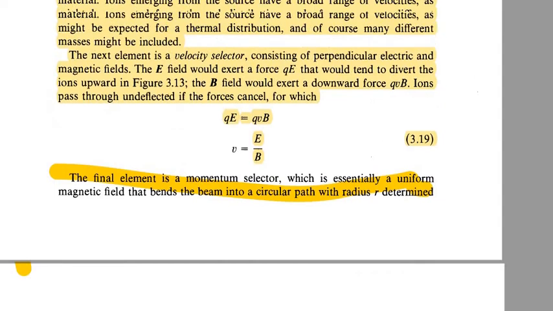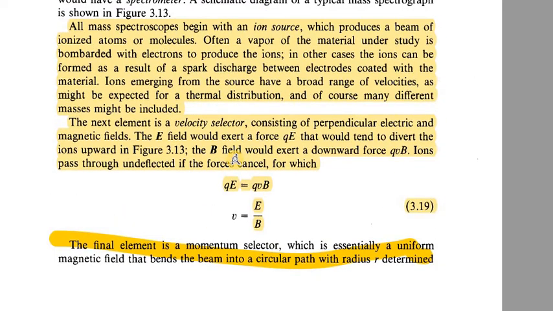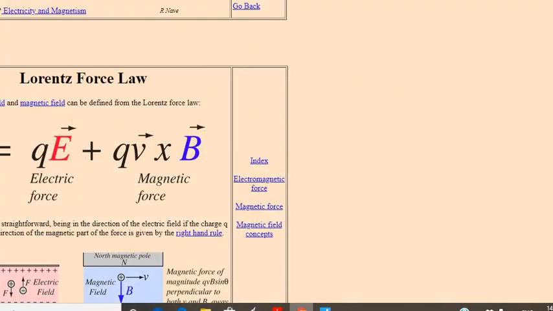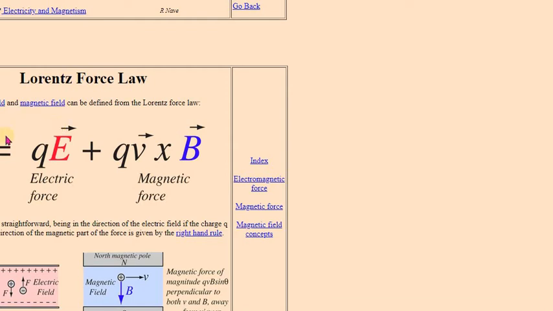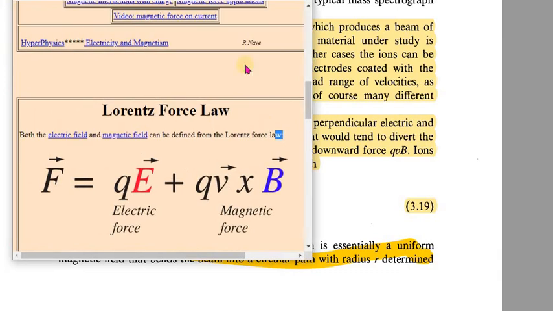The magnetic B field would exert a downward force qvB. Ions pass through undeflected if the forces cancel. Here you can see that the force F is equal to qE, the electric force, plus qv cross B. If the charges are negative ions, q becomes minus, right?